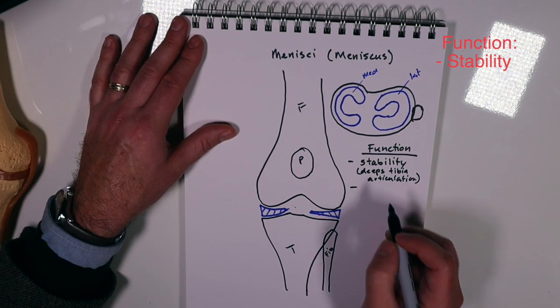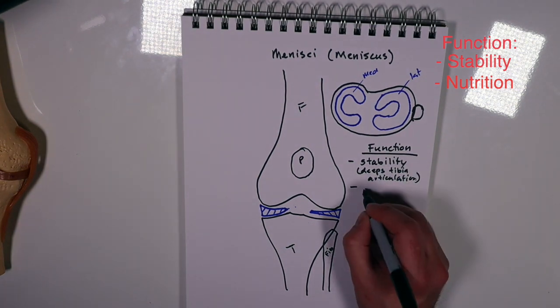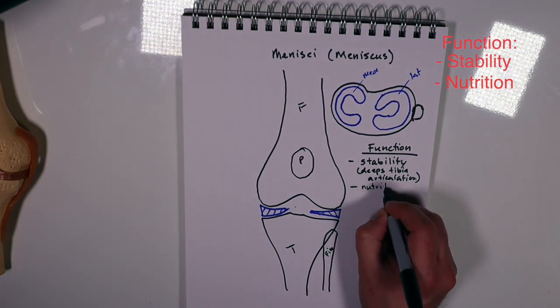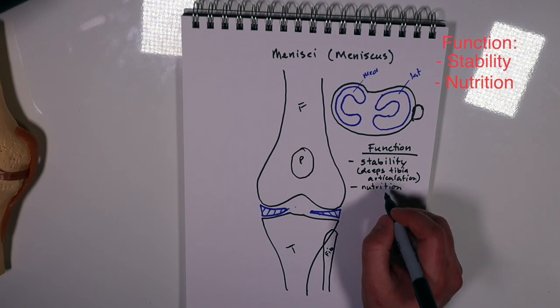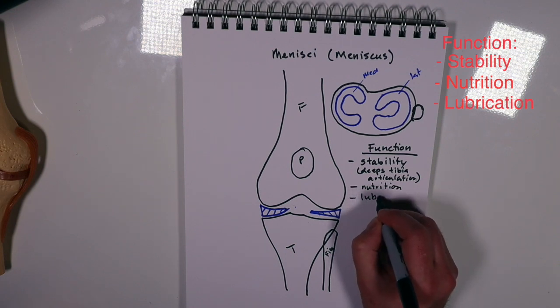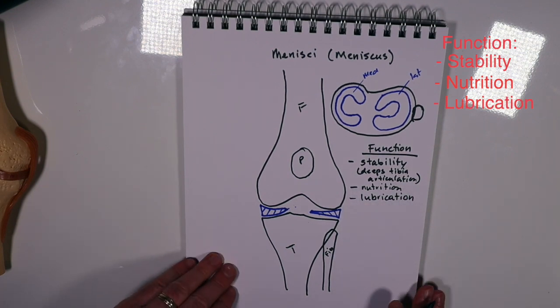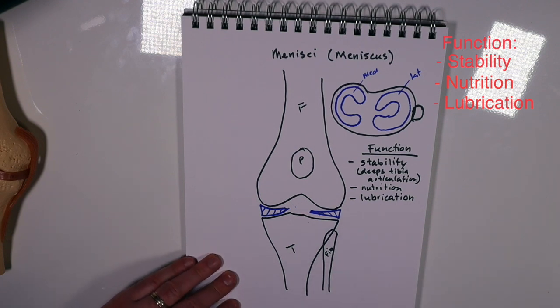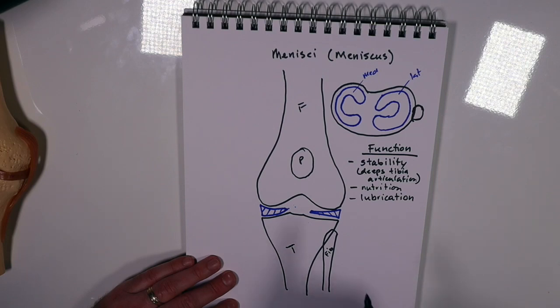It also provides nutrients to the knee. So it helps with nutrition of the knee. And they also aid in lubrication. All right, so that is the anatomy of the meniscus, or menisci, the function of the menisci.